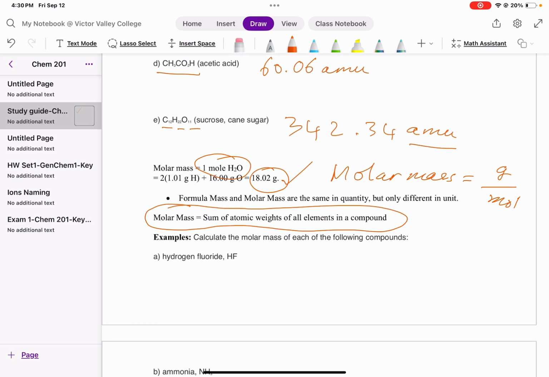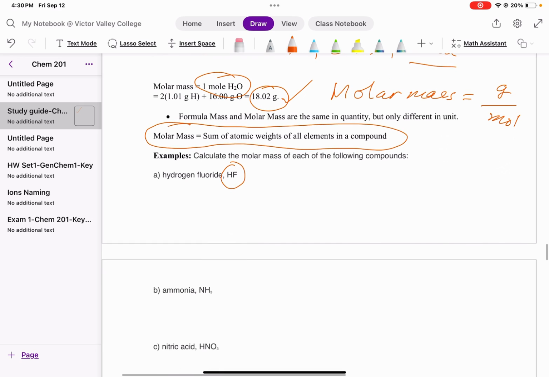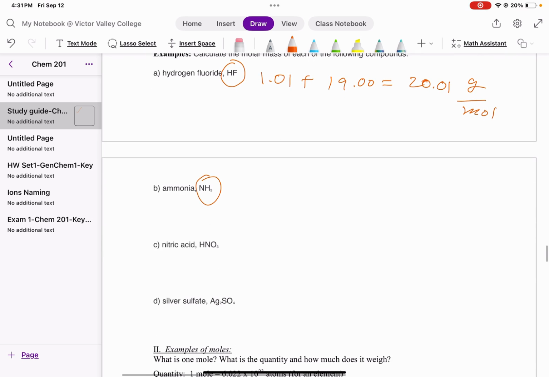Now HF. There's only one hydrogen and one fluorine. So we're going to take hydrogen 1.01 plus fluorine, 19. So that's 20.01 grams per mole. Okay. Ammonia, we have 1 nitrogen plus 3 hydrogens.